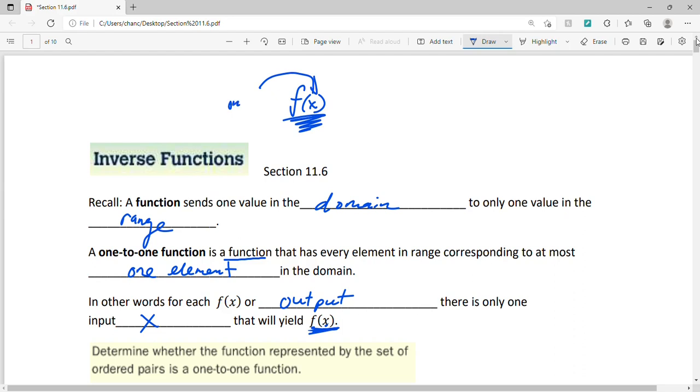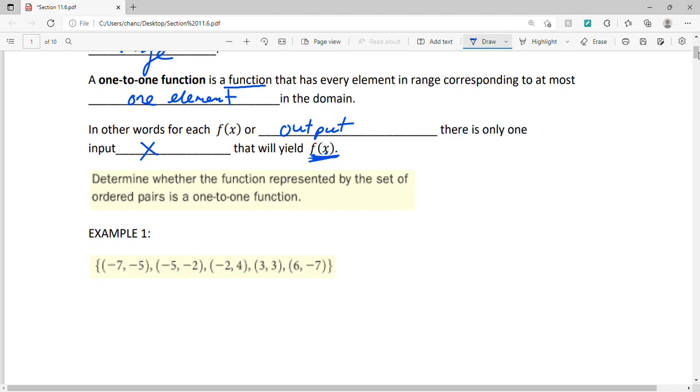There's only one x that will give me this f of x. Remember, f of x is equivalent to the output y. So if you look at a set of ordered points, there is only one x that when you plug it into the function f of x, you're going to get a y. There's only one x that would give us that y.